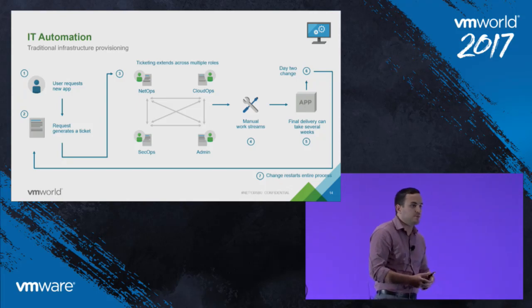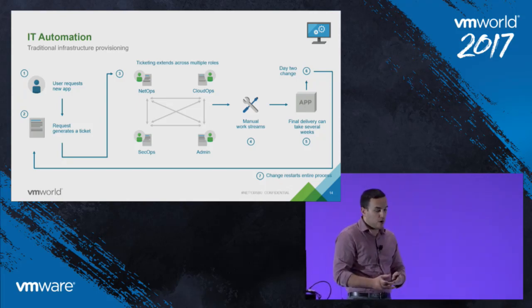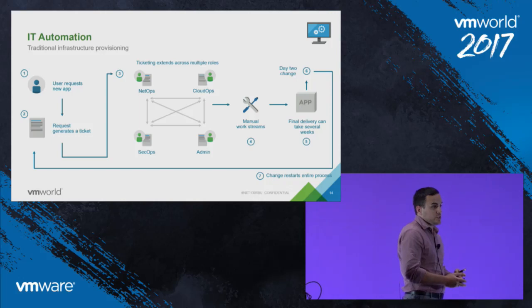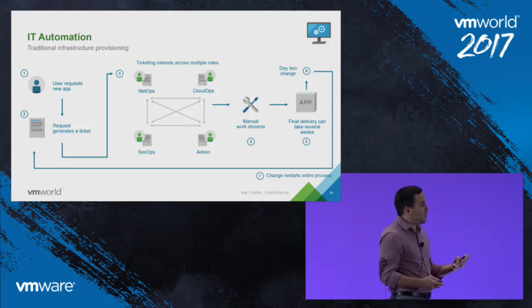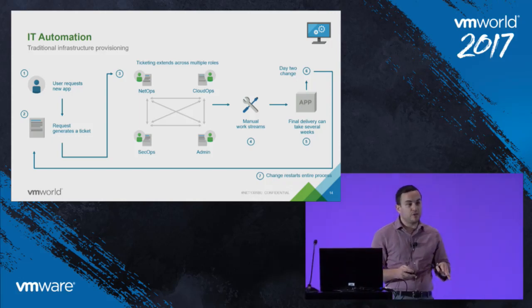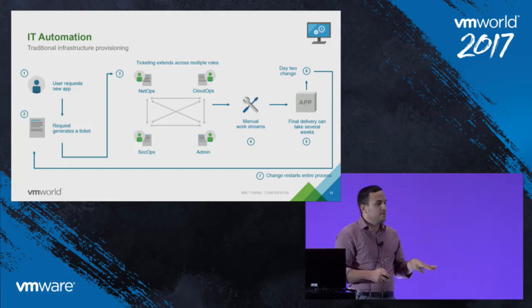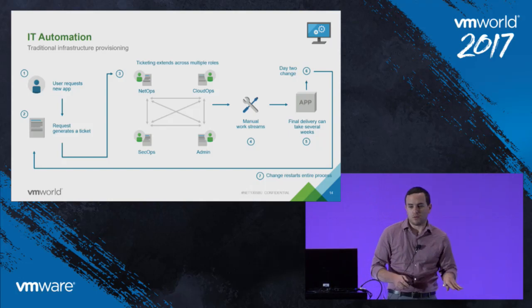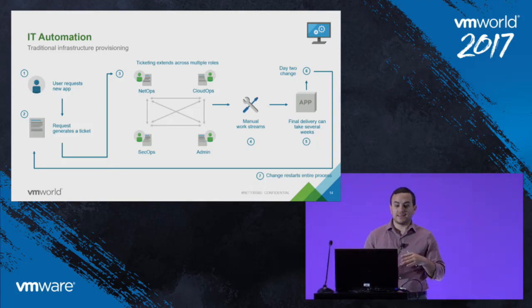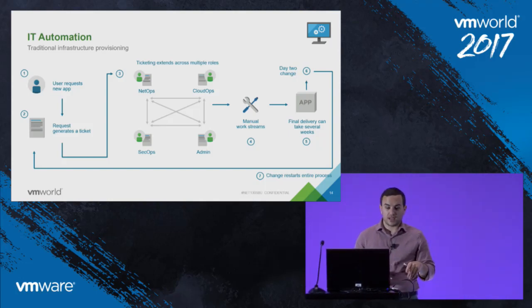Maybe your compute provisioning is already automated. Maybe your storage is already automated. But what we see here is that the networking and security component of provisioning is consistently and overwhelmingly the most common bottleneck in this entire process. And it can add days or weeks to the entire thing.